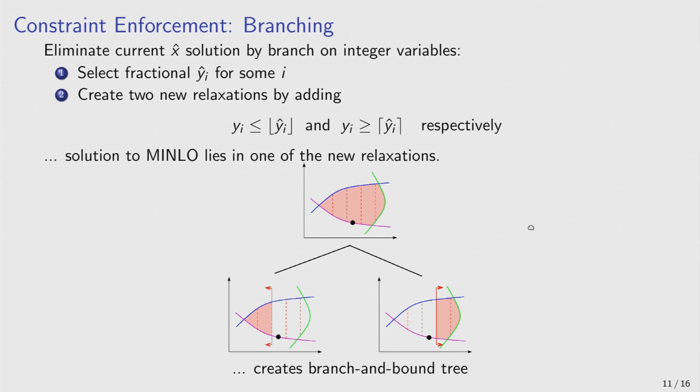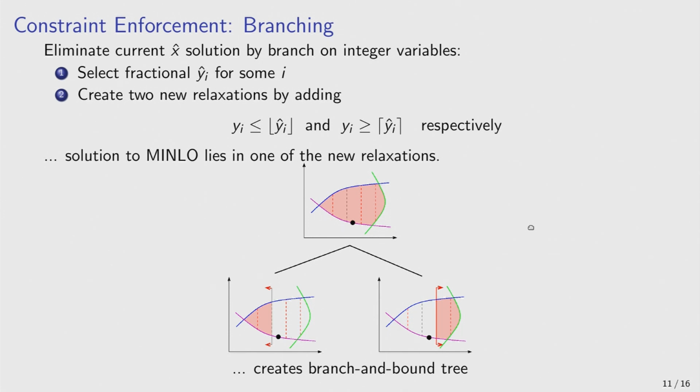And then I know that the true solution to this problem has to be either below this value here or above the ceiling of that integer variable. So I can add two cuts or branches where I say I'm above the ceiling of my integer variable that was fractional, or I'm below the floor of that integer variable.